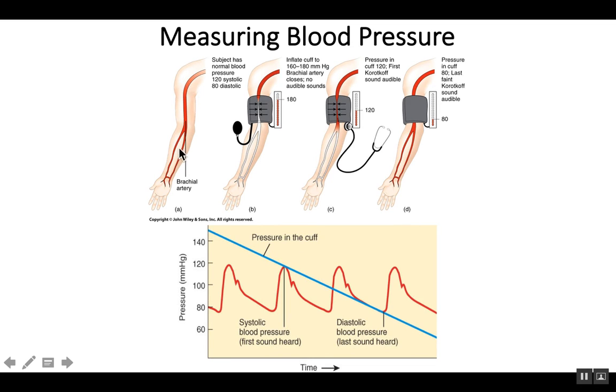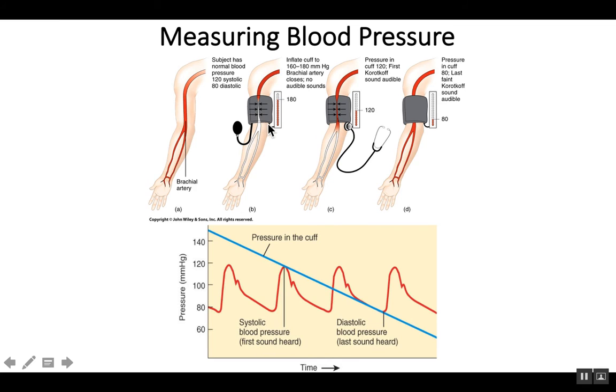Obviously, this is the brachial artery. It's the most commonly used artery to measure blood pressure. You need a couple instruments. You need a stethoscope, and what you're listening for is blood flow and then the disruption of blood flow. You also need an instrument called a sphygmomanometer, or commonly just referred to as the cuff.